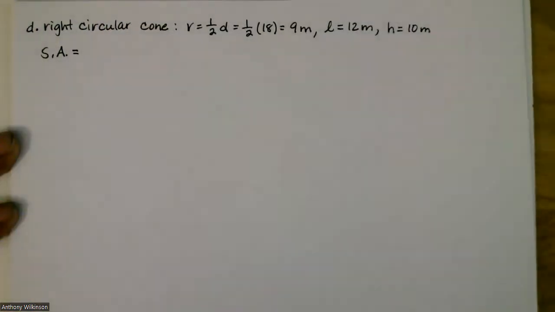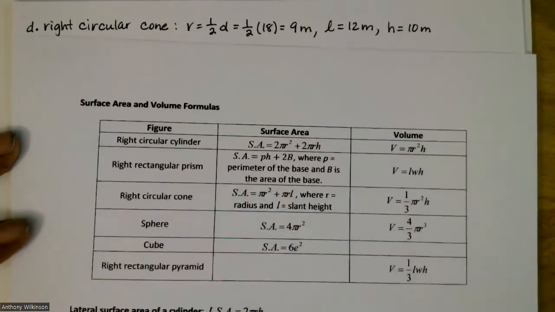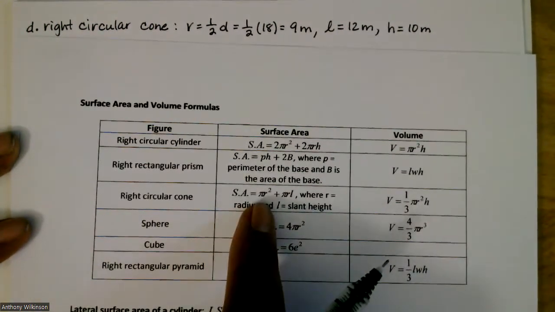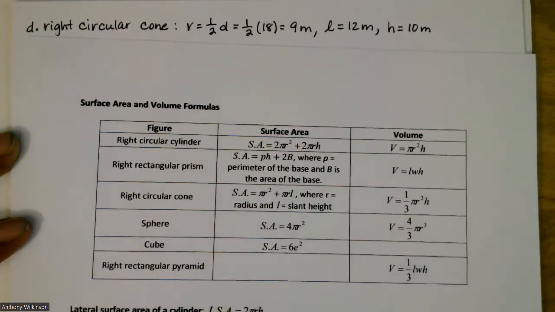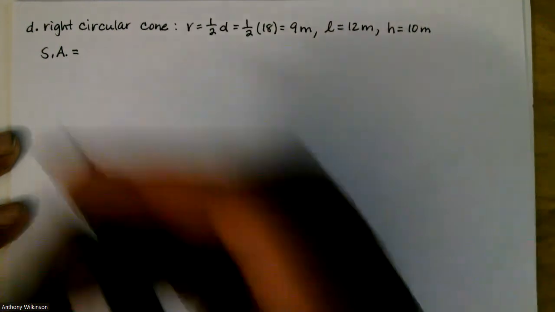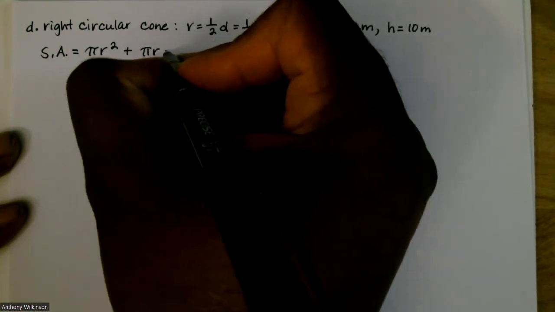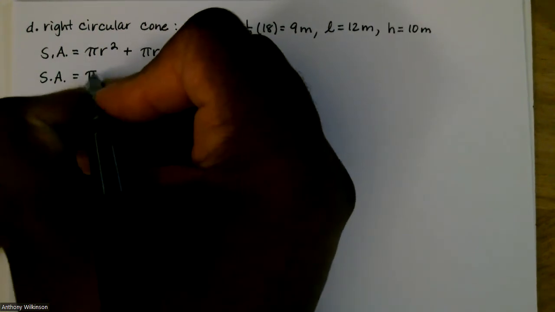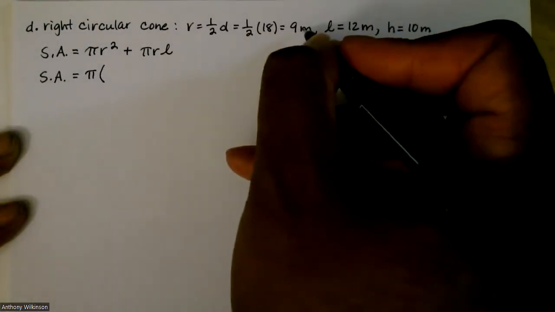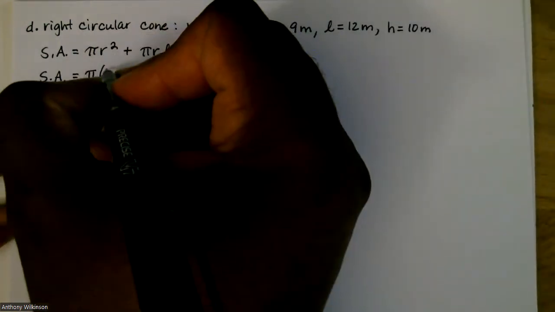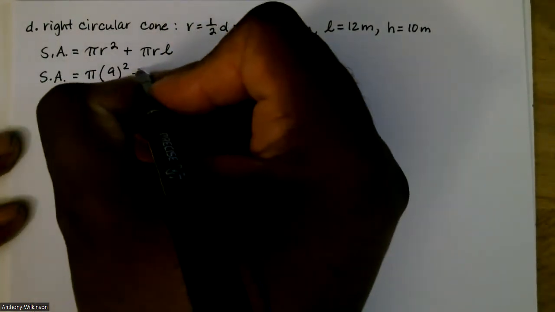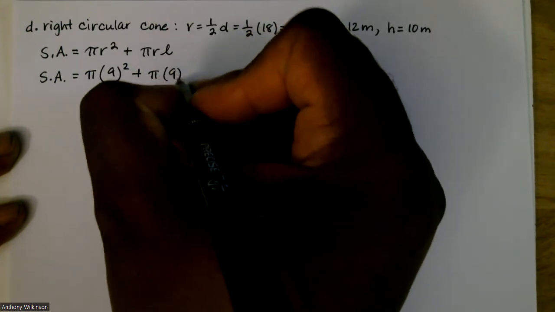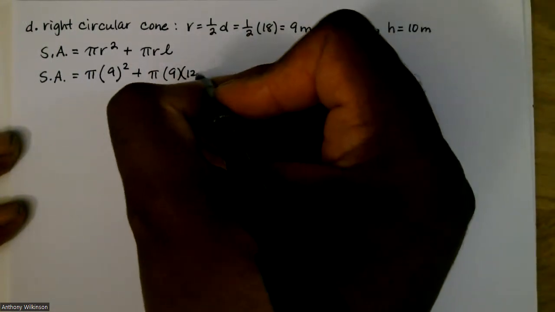So now to find the surface area of that right circular cone, it's going to be pi times the radius squared plus pi times the radius times that slant height. Pi r squared plus pi r L. Now your surface area will be pi times the radius, which is, in this case, 9, not the 18, squared, plus pi times 9 times L, which is your slant height, that's 12.